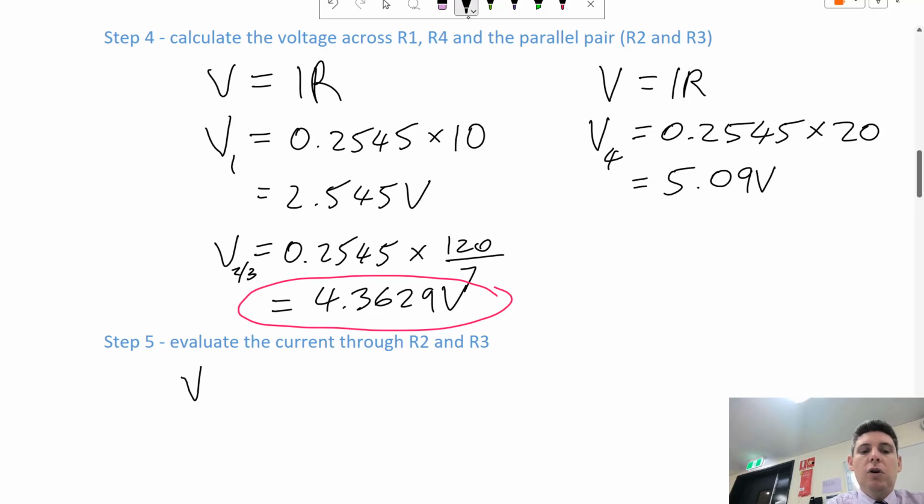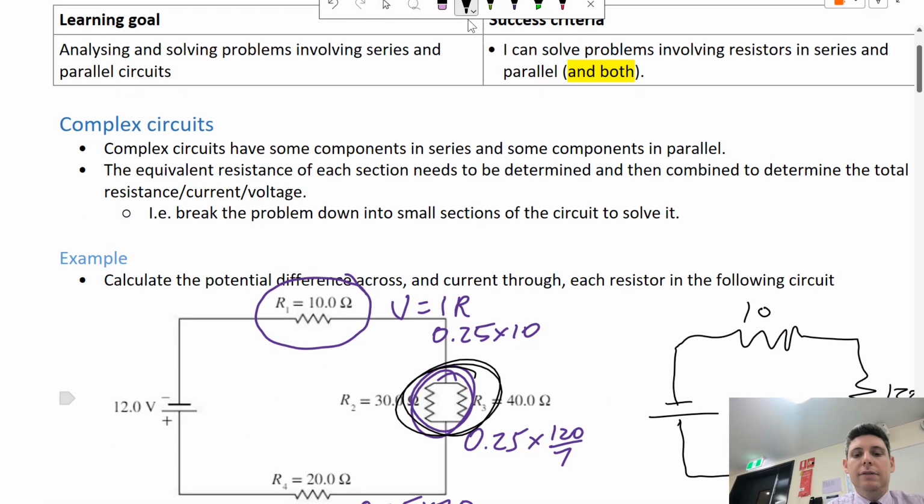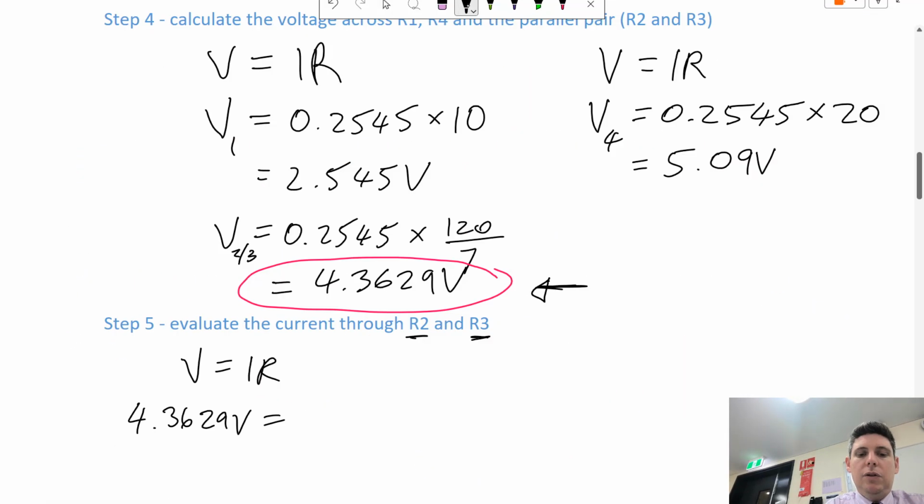So we have Ohm's law again, but this time, because they are parallel, the current splits, or the current is shared, but this total voltage here is the same across the two resistors. Okay? So this is the volts across resistor 2 and resistor 3, which are parallel here.